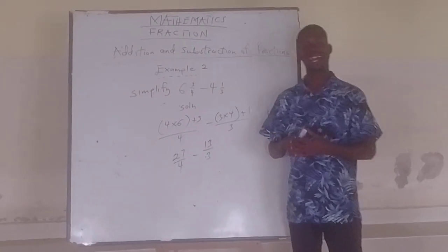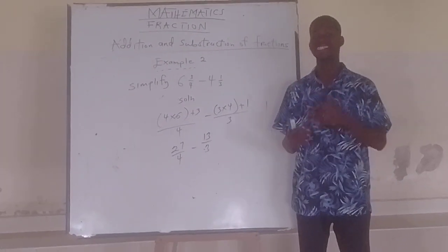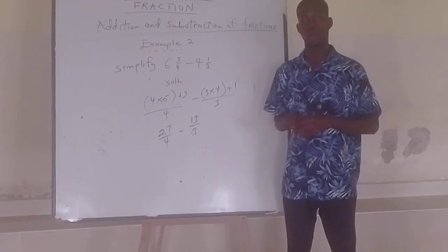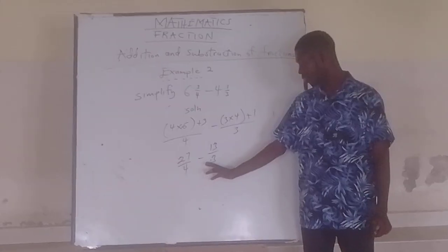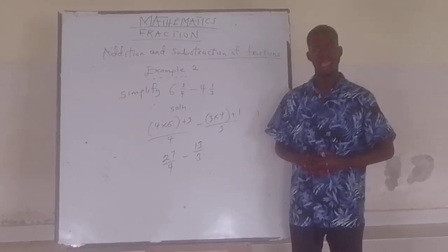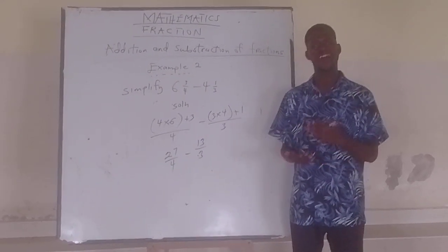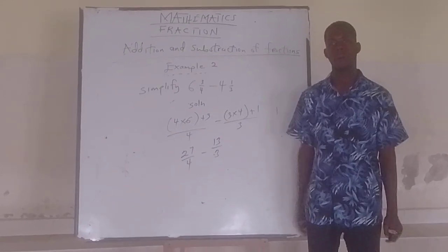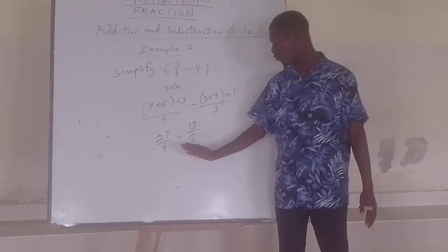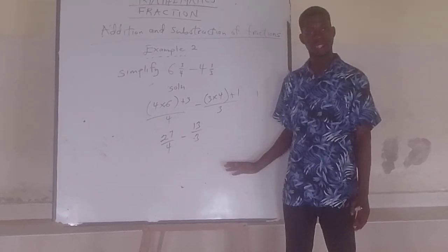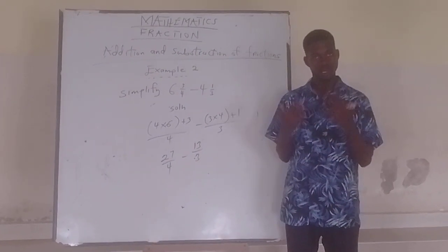So now you can see that you have different denominators. The denominator for this one is 3. This one is 4. As a result, we're supposed to find the least common multiple. The least common multiple is about the multiples of 4 and the multiples of 3.